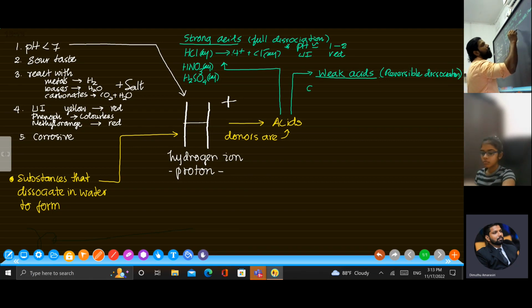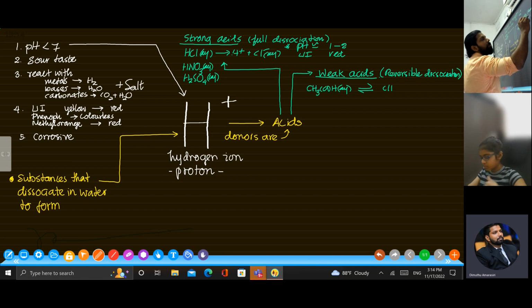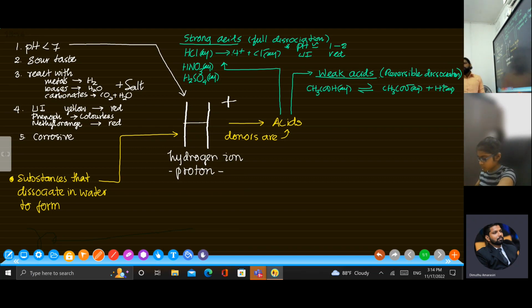Example, ethanoic acid. When it dissociates, remember you just have to break the H plus away. Right? And what's going to remain? CH3COO minus and H plus. What are the examples for weak acids? Methanoic acid.